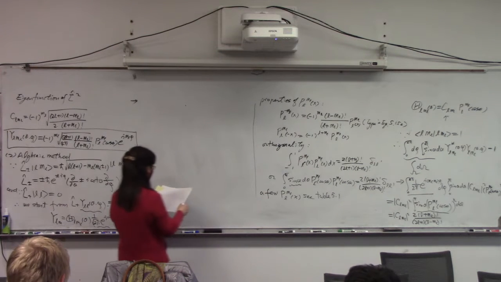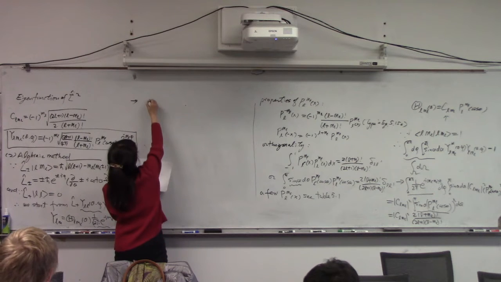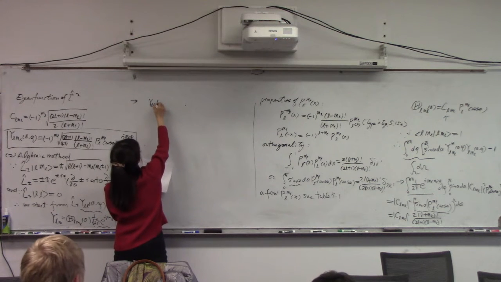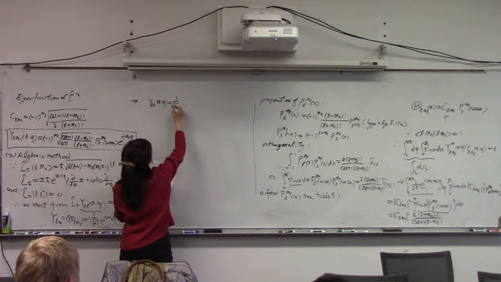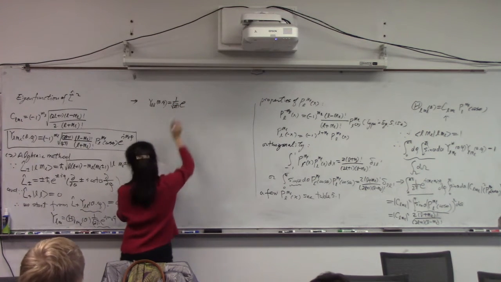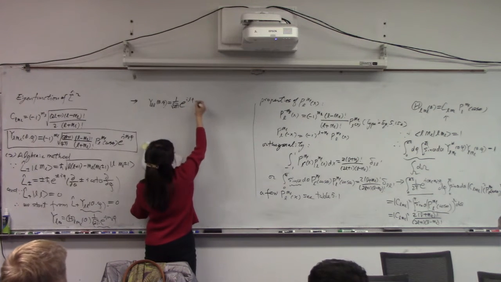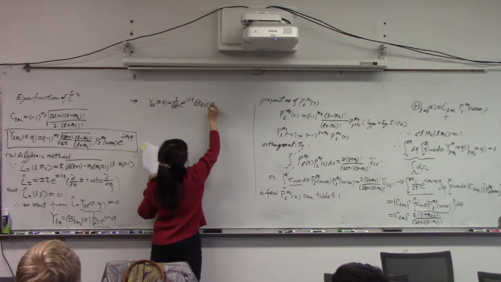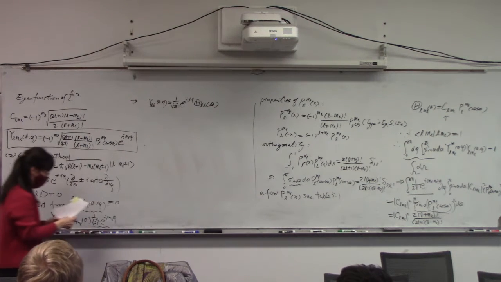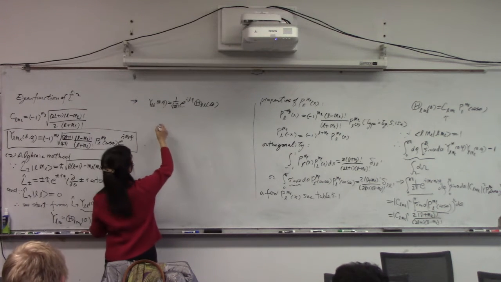Now, let's first keep that one. Y L theta phi is 1 over square root 2 pi, here ML equal to L, e to the i L phi. Okay, so we are going to substitute here.